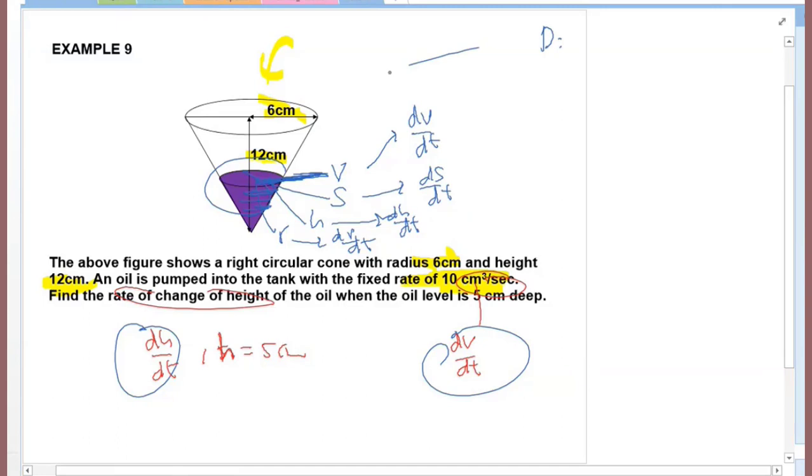Listen: express the volume equation, V equals 1/3 pi r squared h, as a single variable.